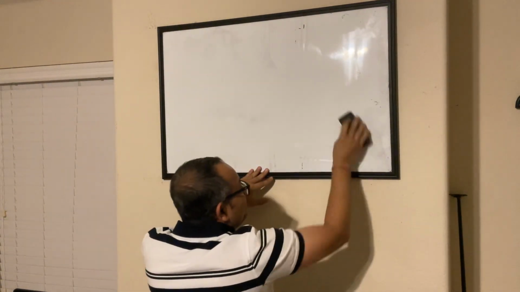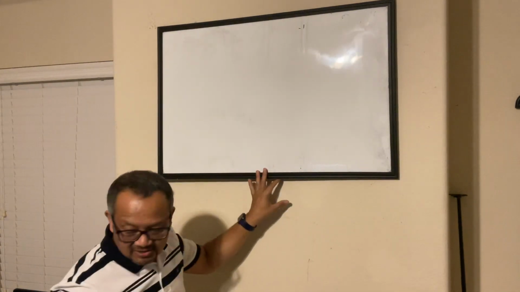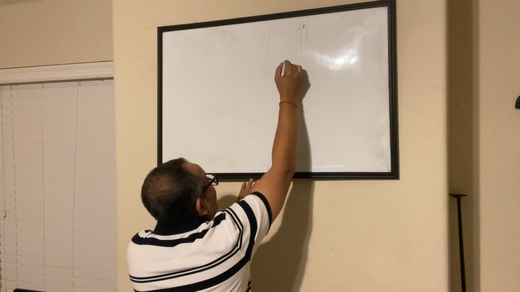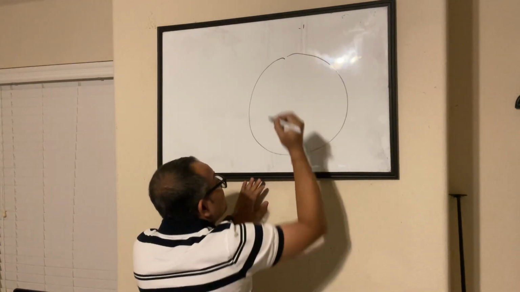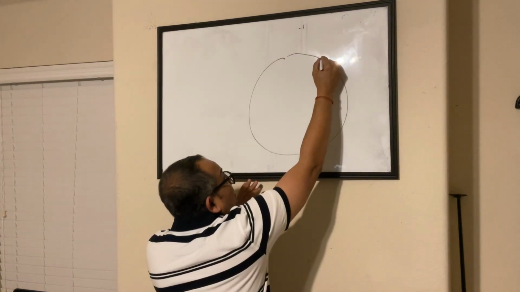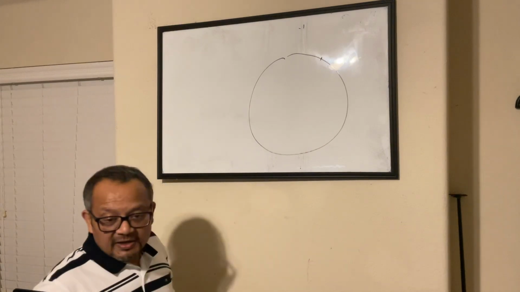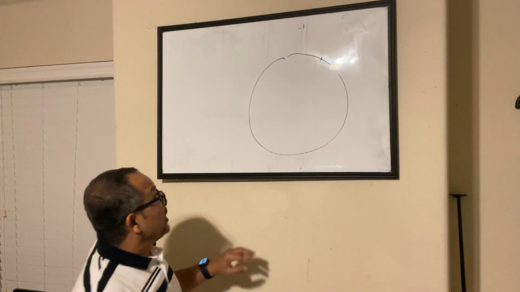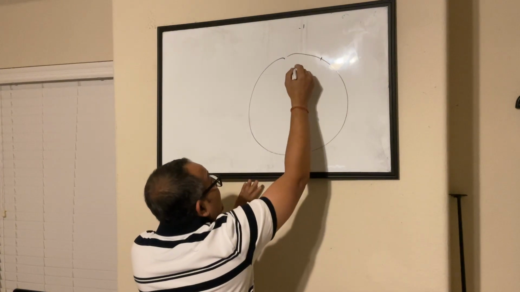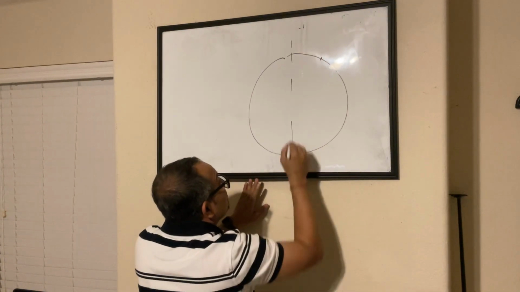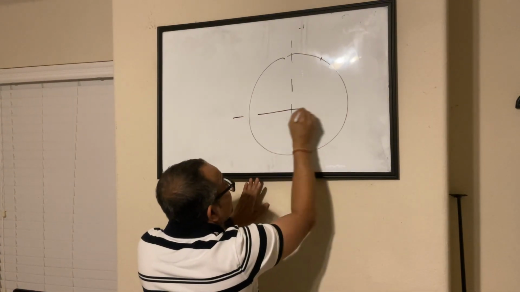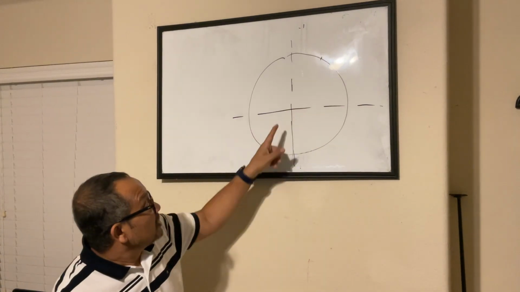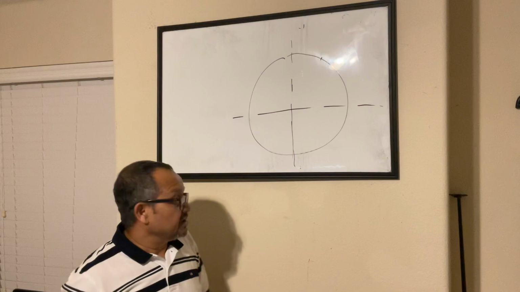Okay, so now what we have seen so far is, if I'm talking about a unit circle, any point you take on the perimeter, you can find out the x and y coordinate of that point, and you can always relate that. So you will always assume that your center is the origin of the coordinate plane.